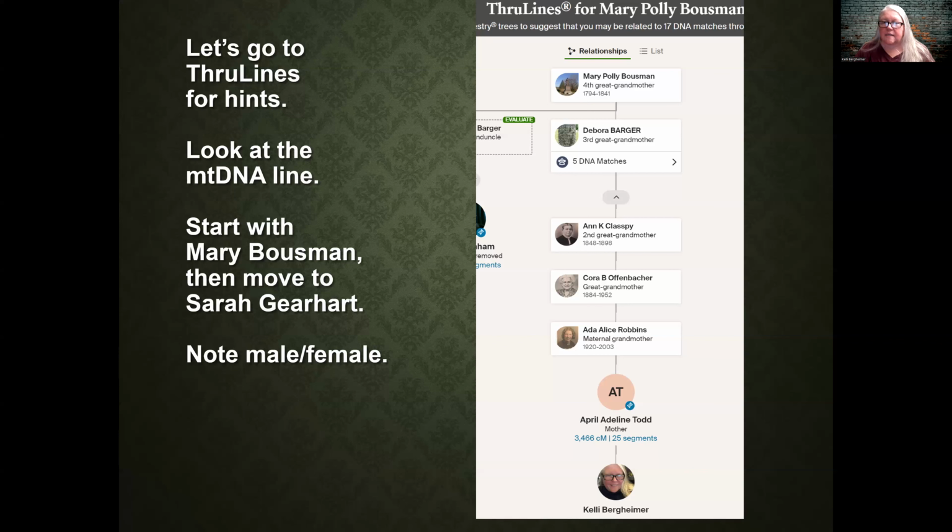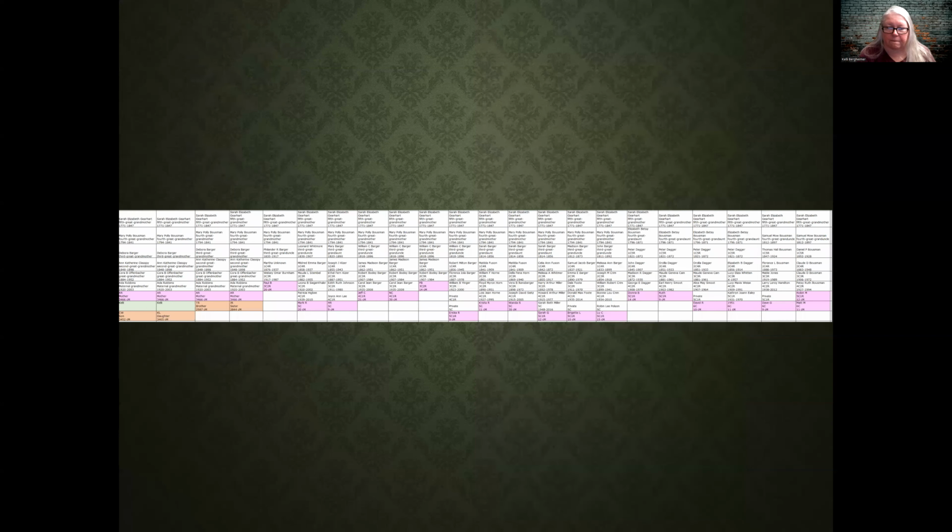So your autosomal DNA matches and through lines, you need to check those female to female to female lines to see if you have any corresponding people who might be in your mitochondrial DNA match list. So I'm going to start with Mary Bozeman. She's my 4th great grandmother in that matrilineal line, in that same mitochondrial line. And I'm going to see what I can find out for her.